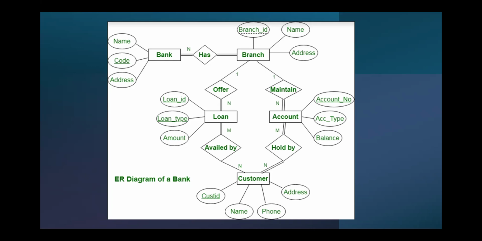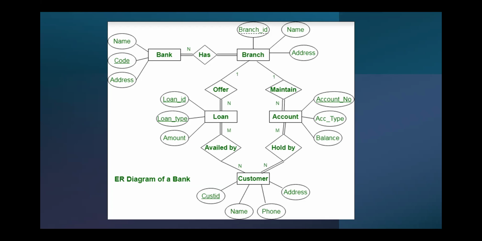There's a bank which has a name, a code and an address, and then it has branches. There can be many branches. Each branch has branch ID, name, and address, but every branch can have two relationships: it offers loans and it can maintain and create accounts.